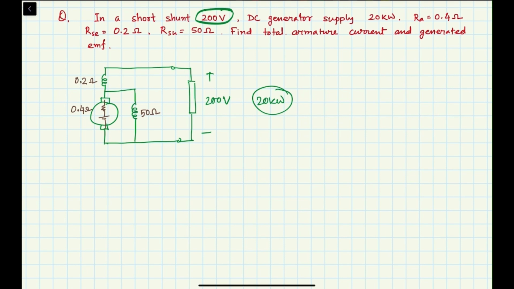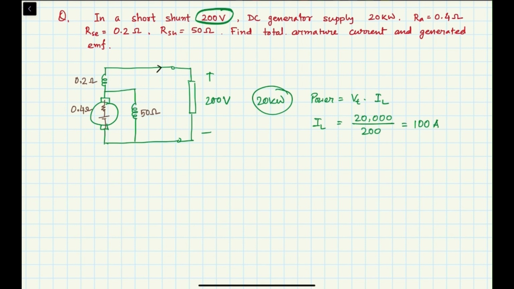Now you see that the output is 20 kilowatt. So output power is, we know, Vt into IL. Now Vt is 200 volt and IL we have to find. So IL will be 20,000 by 200, that will be 100 ampere.